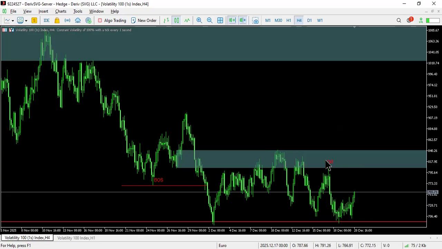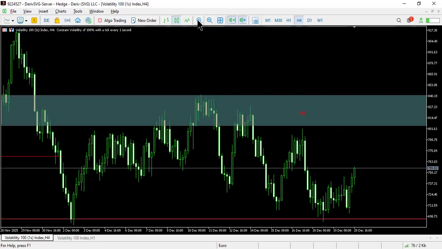Therefore, I'm going to wait for price at this order block before I place my entry. So I'm waiting to see the three reversal candlesticks that I mentioned, which are the bearish engulfing, the bearish pin bar or the rejection candle, and then the tweezer top or the doji, plus the three candlesticks.